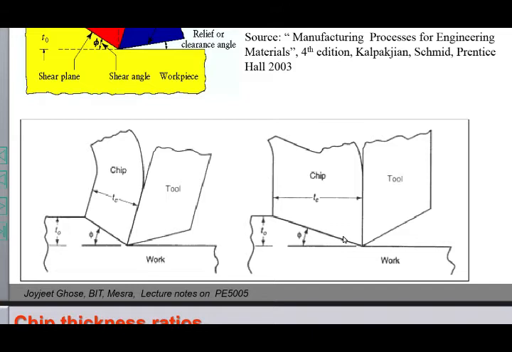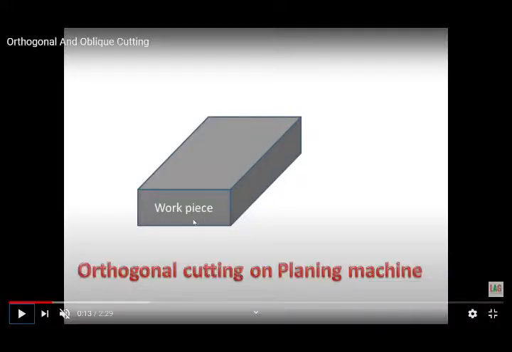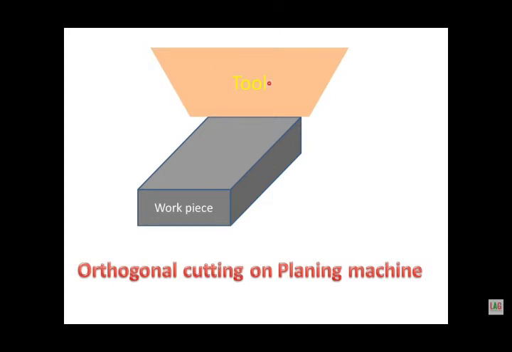First, understand the difference between orthogonal cutting and oblique cutting. Orthogonal cutting is two-dimensional and oblique cutting is three-dimensional. In this slide and video you observe the workpiece and tool, and identify the difference between orthogonal cutting and oblique cutting.